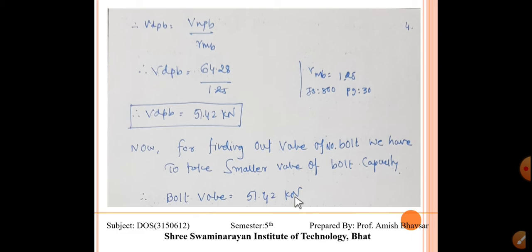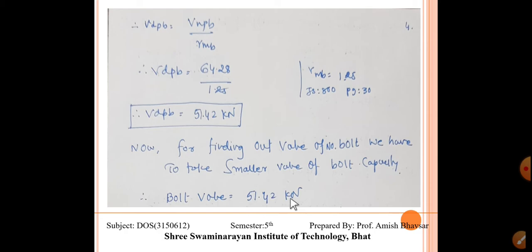In this case, why are we taking the smaller of these two values? Suppose two plates are connected by a bolt, and the bolt will fail due to some force. That force is the capacity, and we always consider the capacity as the smaller value.